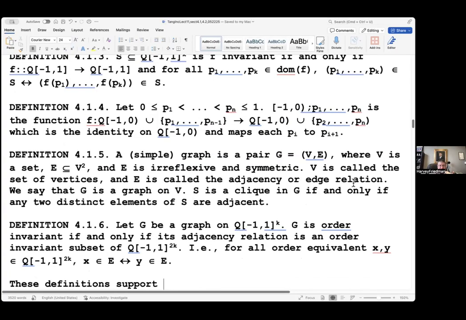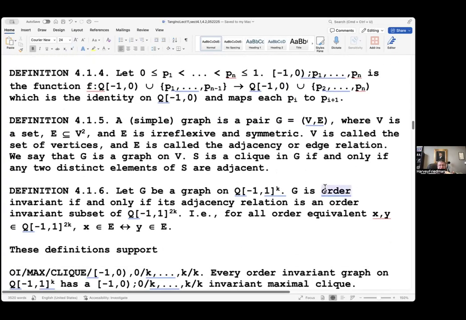And then here's the graph theory we use. The simple graphs. There are no loops, and all the edges are undirected. So I actually make it a relation. It's an irreflexive symmetric relation. This relation is irreflexive because we have no loops, right? Okay.